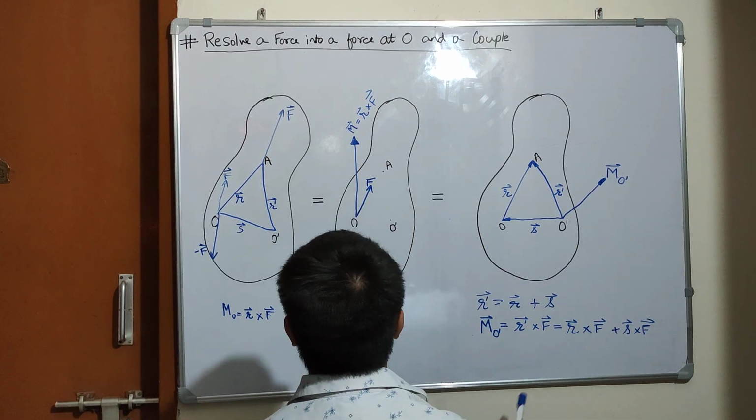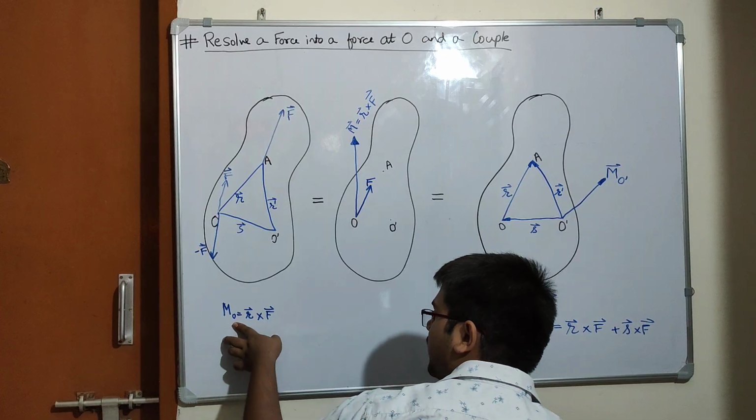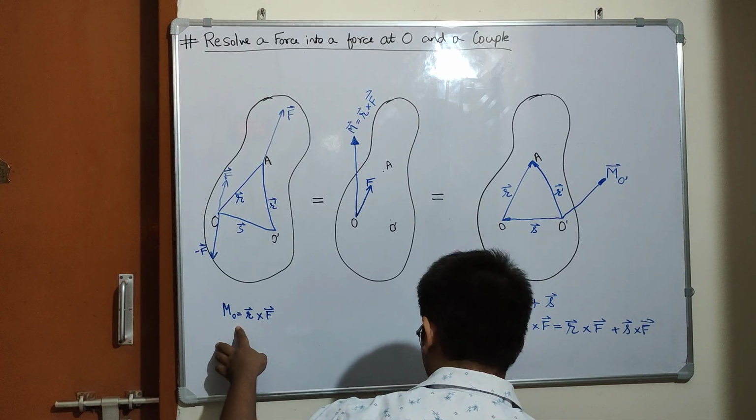So R vector cross F vector is equal to M naught.